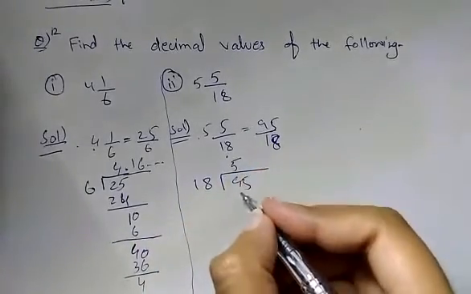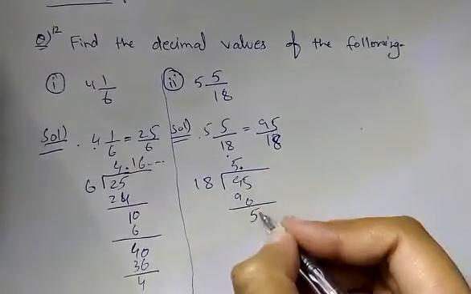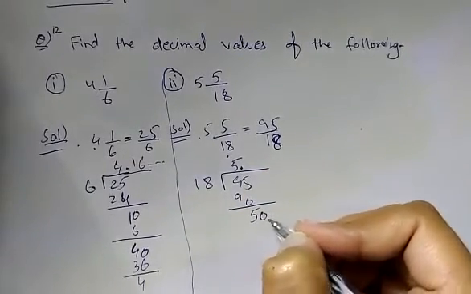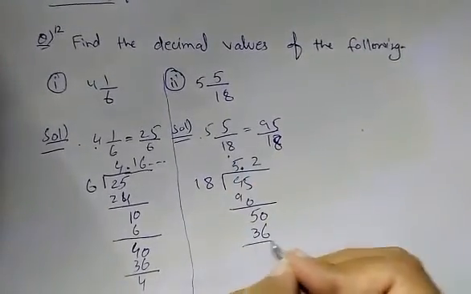18 5s are 90. The remainder is 5. We can place here a point, so here comes a 0. And 18 2s are 36.